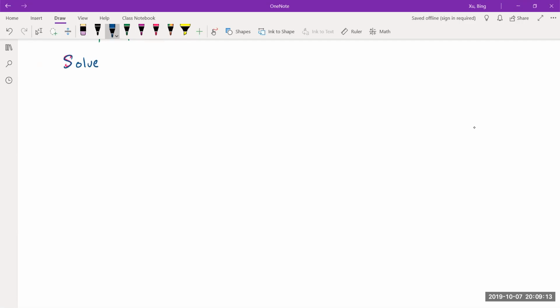solve this inequality. Solve f of x is less than 0 where f of x equals -1/2 times x plus 4 times x minus 1 cubed.